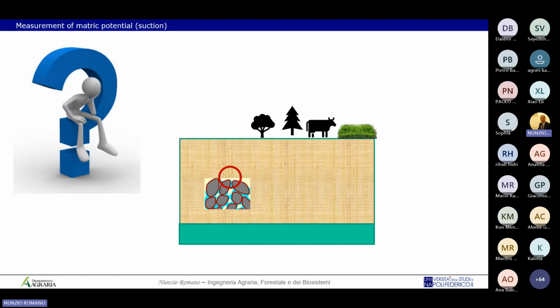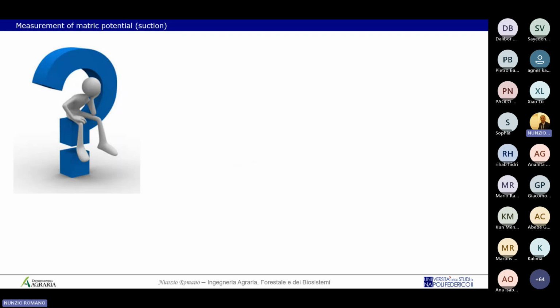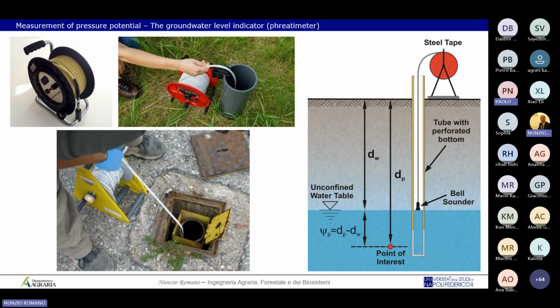Unsaturated soil is the soil where not all the pores are full of water. The case of the groundwater is the case where all the pores of the soil are completely filled by water.